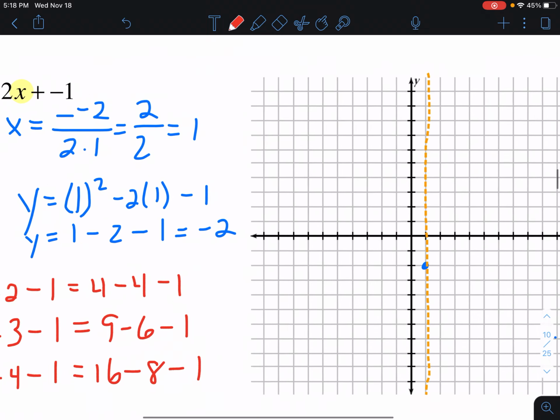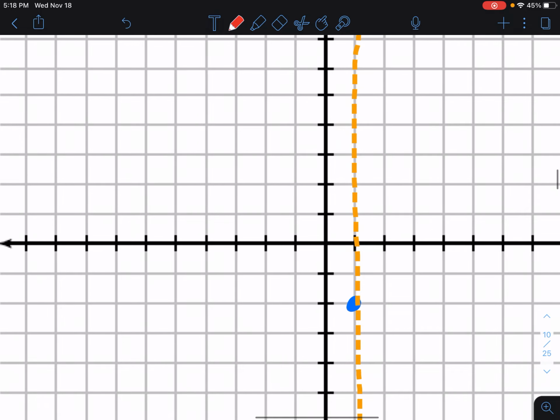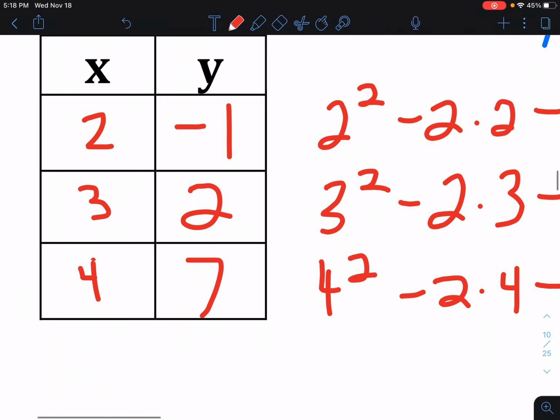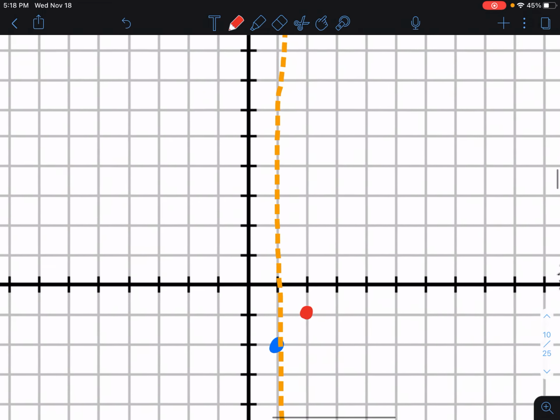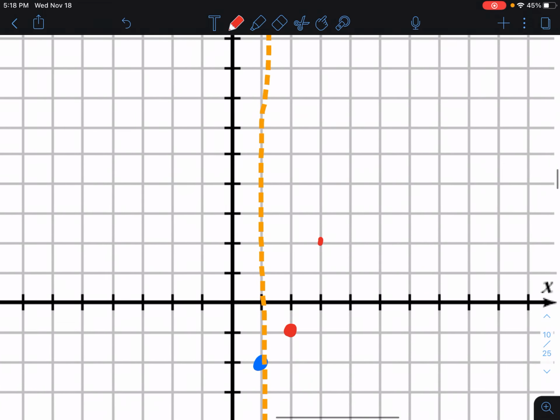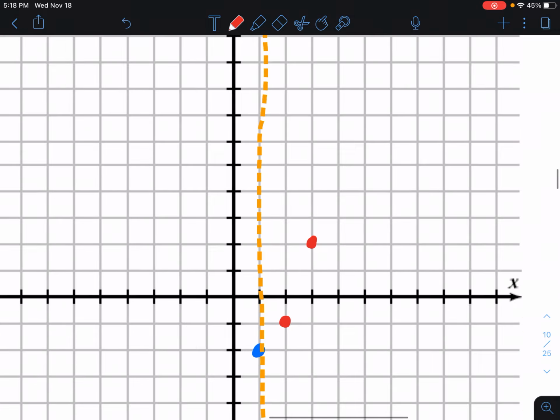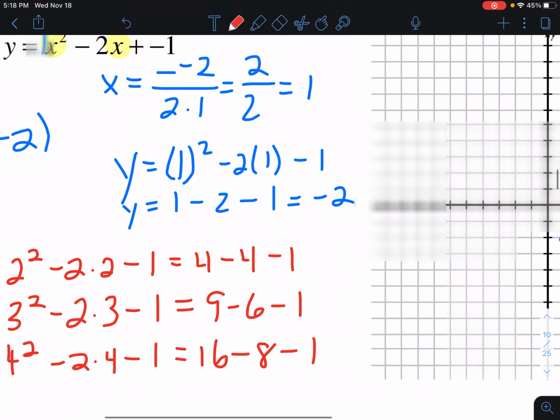So I plot those points, 2, negative 1. 3, 2. And 4, 7.